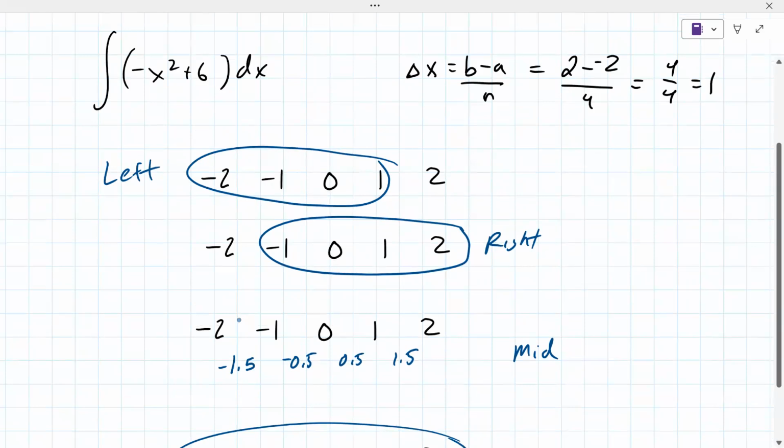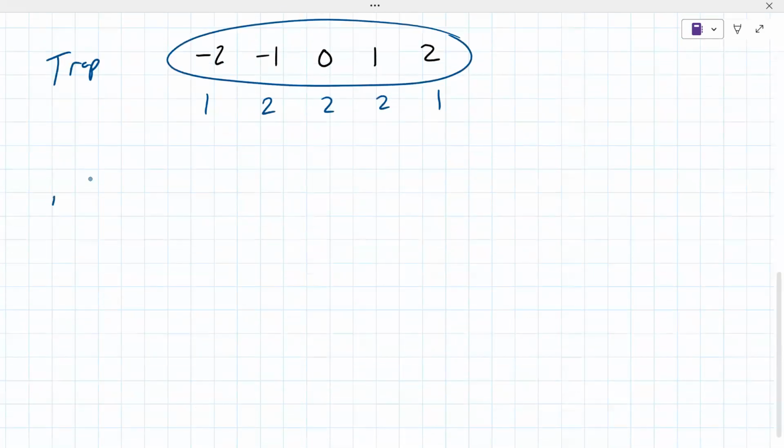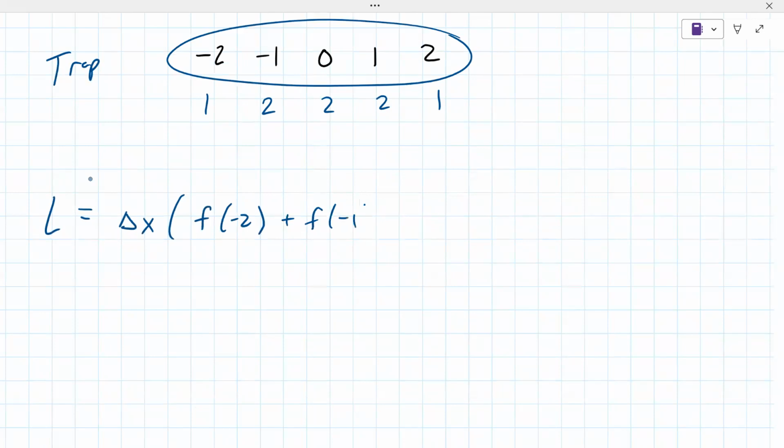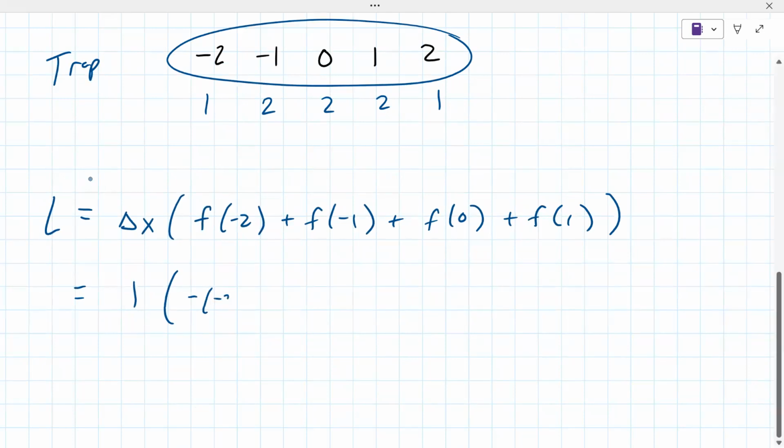So for the left one here, it's delta x times f of -2 plus f of -1 plus f of 0 plus f of 1. Your delta x is 1, and f of -2 means to put -2 in for x, like that.